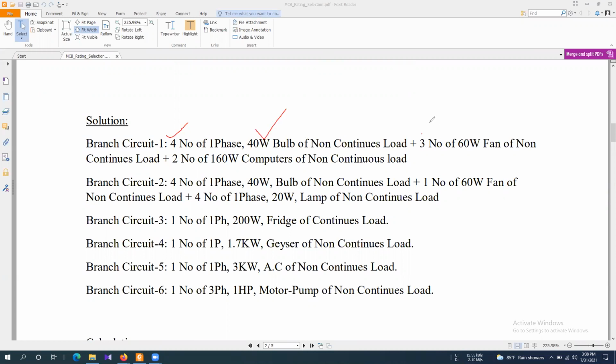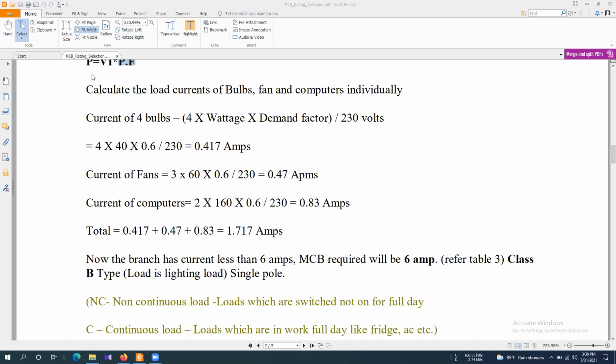You have 3 numbers of 60-watt fans, so you again calculated how much current will be drawn by these fans. Then you have 2 160-watt computers, so you know how much current that is. All this is done. Now, if you add all these calculated currents that we have gone through, then you will get the total current of your branch 1.